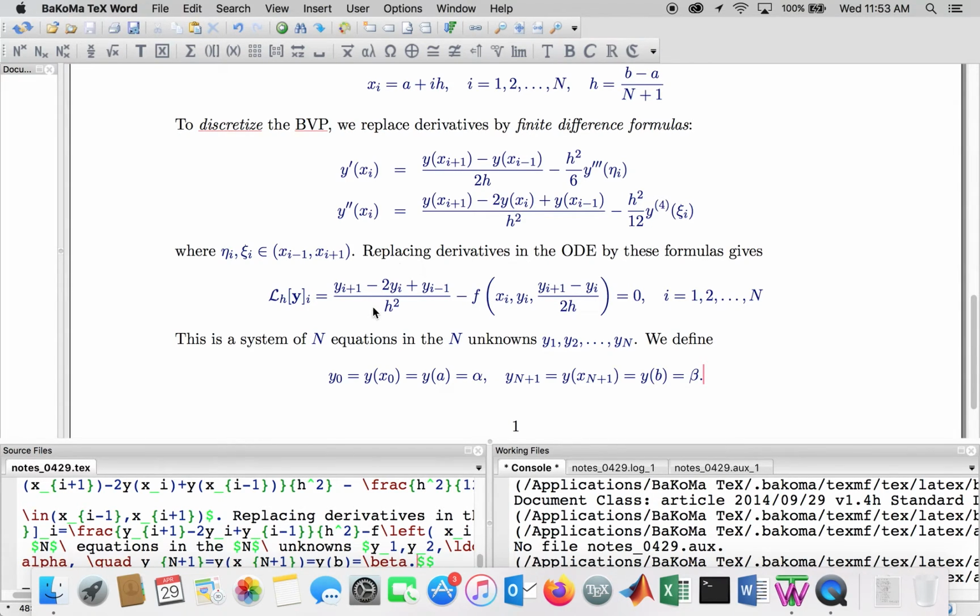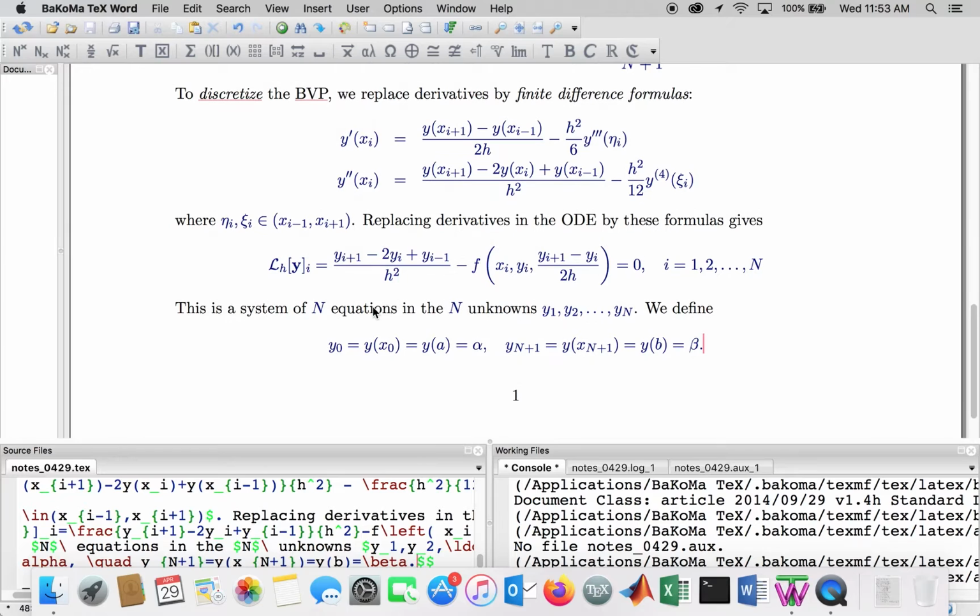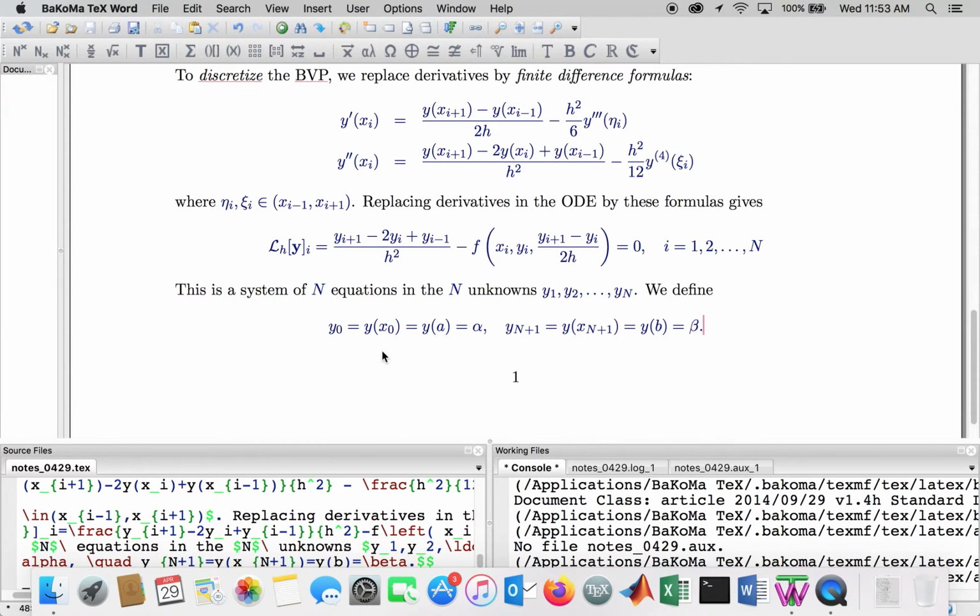But first, what I want to do is talk about concepts that we saw for initial value problems that have natural analogs in boundary value problems: local truncation error, and what it means for a method for a boundary value problem to be consistent. One of the homework problems in this section does deal with local truncation error, so it's important that I say something about that.